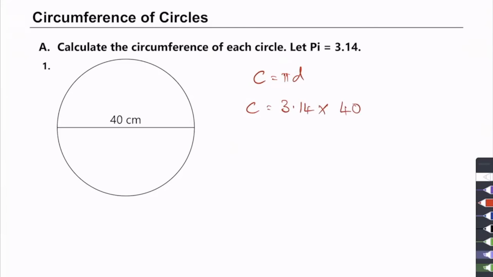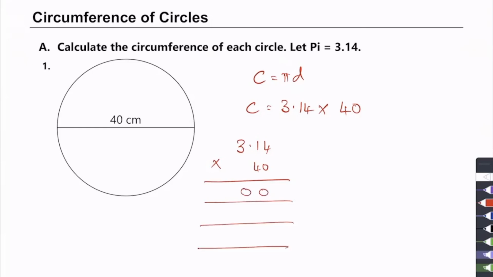If we use column multiplication to work this out, we get 3.14 times 40. I've got two numbers on the bottom, 40, so I need two lines of working, plus my addition. 0 times 4 is 0, 0 1s are 0, 0 3s is 0. New number, new line, start with a 0, 4 4s are 16, carry the 1, 4 1s are 4, add the 1 is 5, 4 3s are 12.